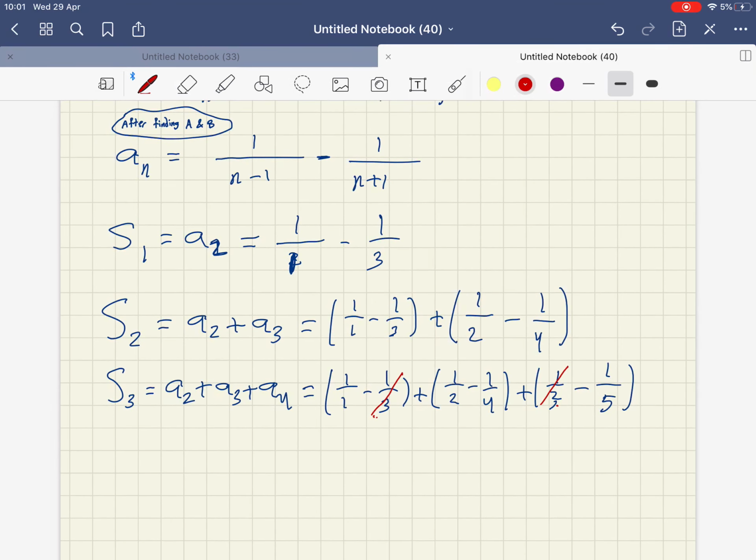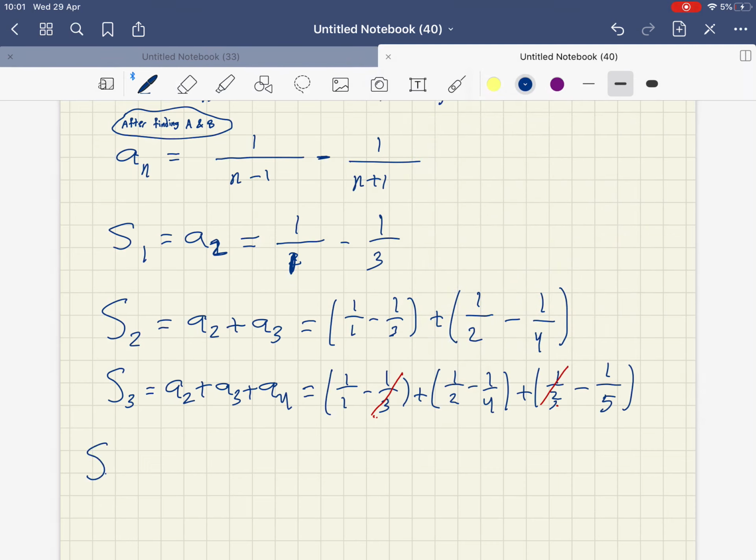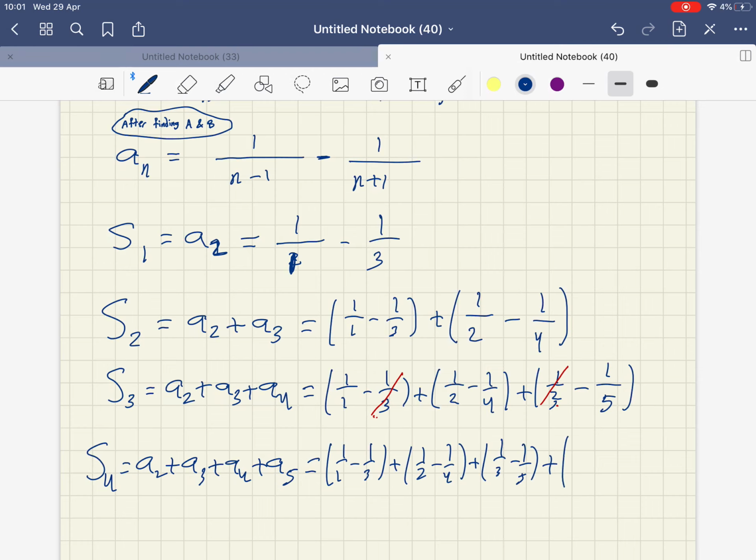Let's do S4. Here we need so many of them. S4 is just A2, A3, A4, A5, the first 4 terms. And those are already written here. Now for A5, if we substitute 5, this will be 1 over 4 minus 1 over 6.